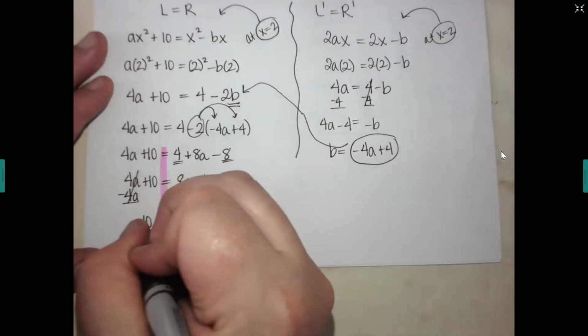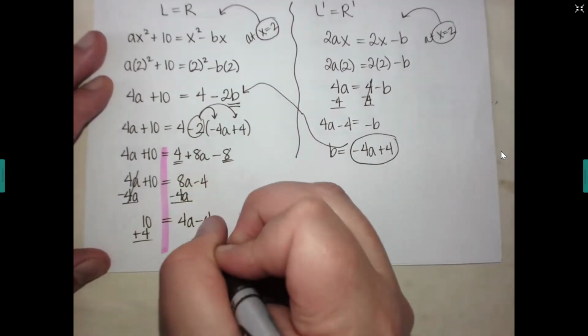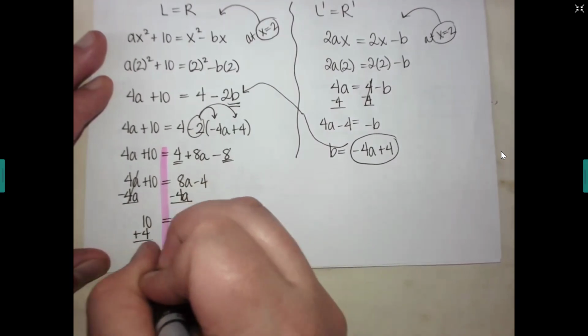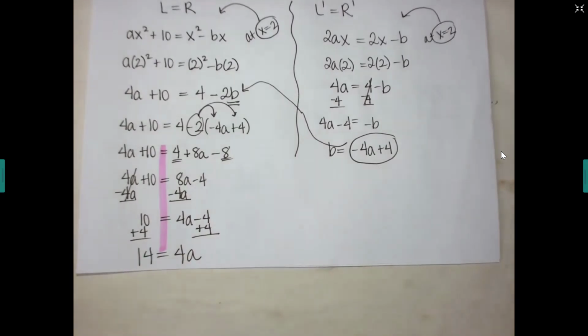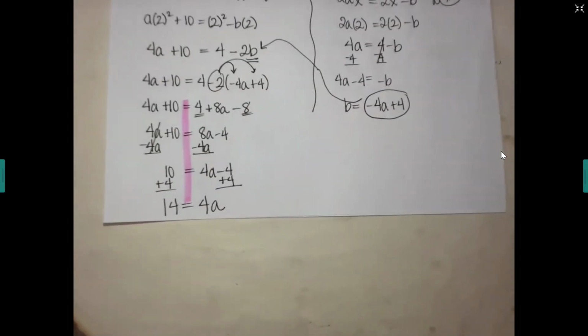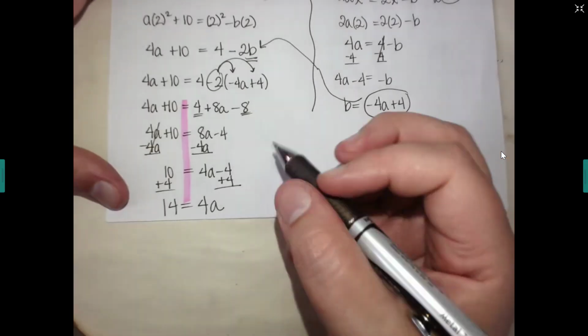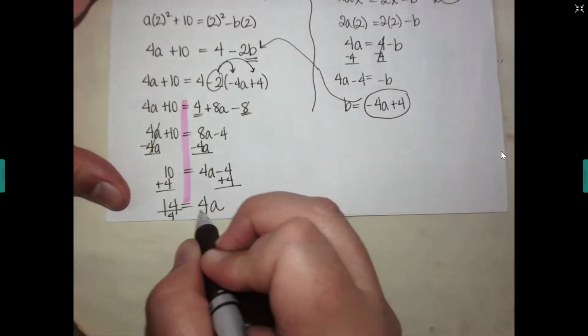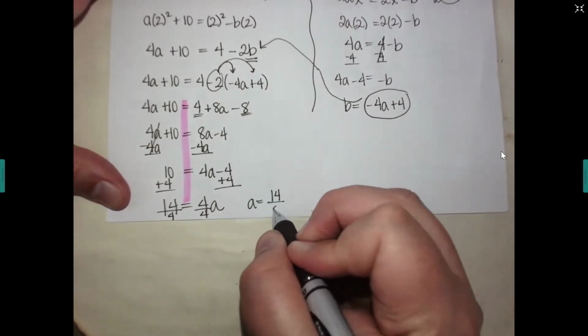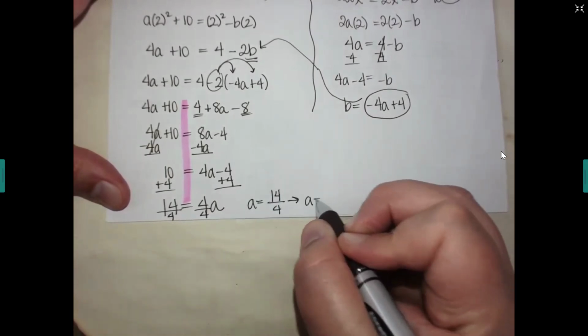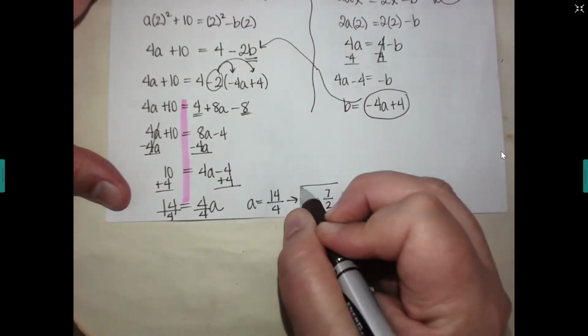Add the 4 to both sides. 10 plus 4 is 14 equals 4a. Last step, divide by 4 on both sides. So my a is 14 over 4, which we can reduce to 7 over 2.